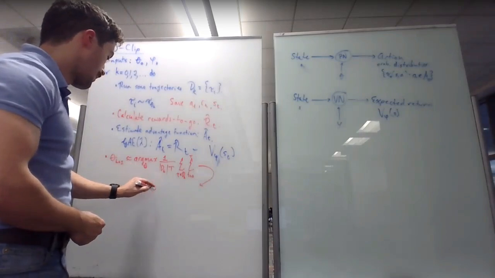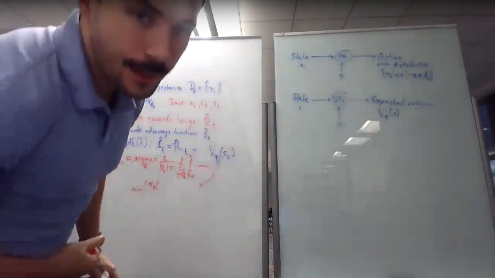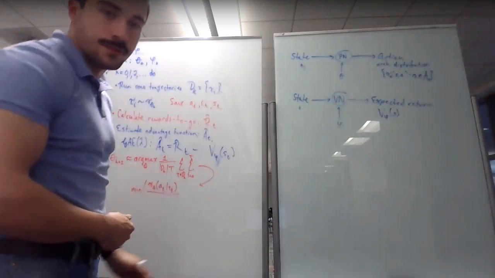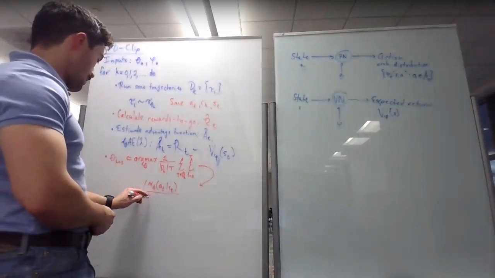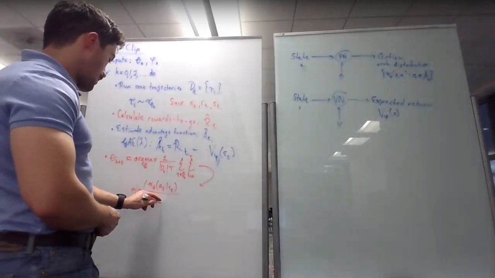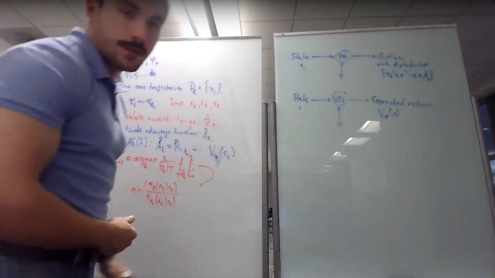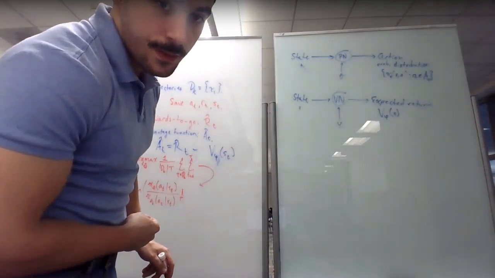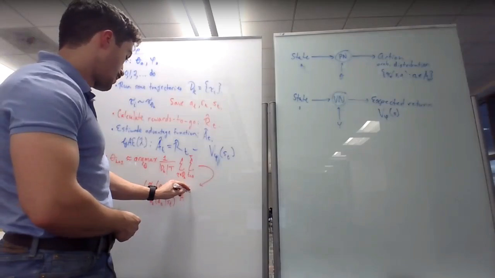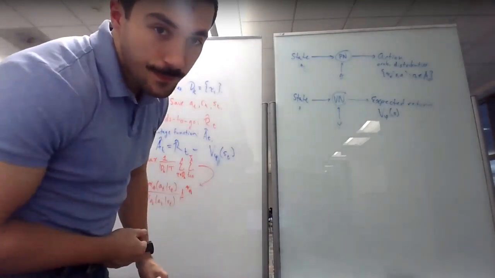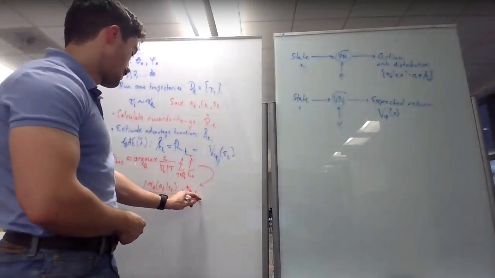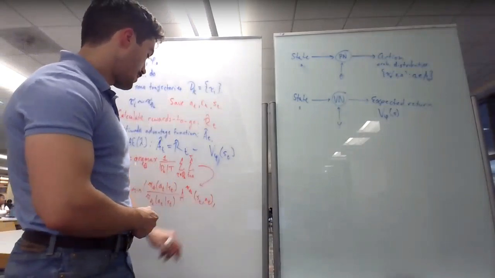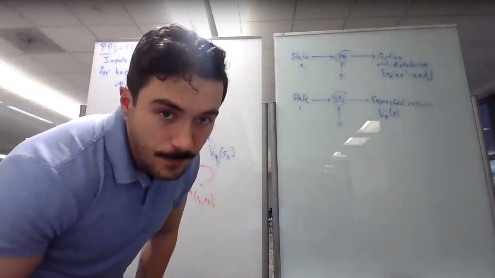Pi sub theta of A T given S T over pi sub theta K of A T given S T, and then the advantage function A pi theta sub K of S T, A T. And then g, is this g epsilon?